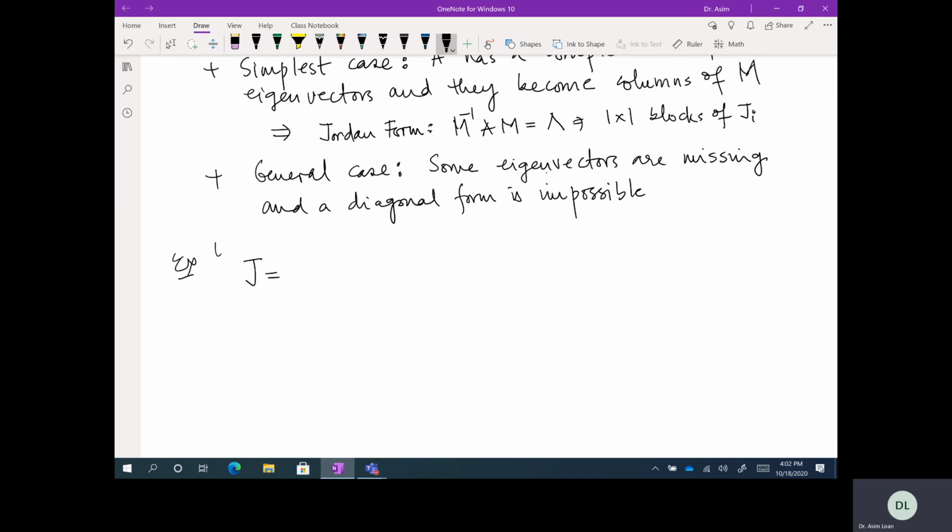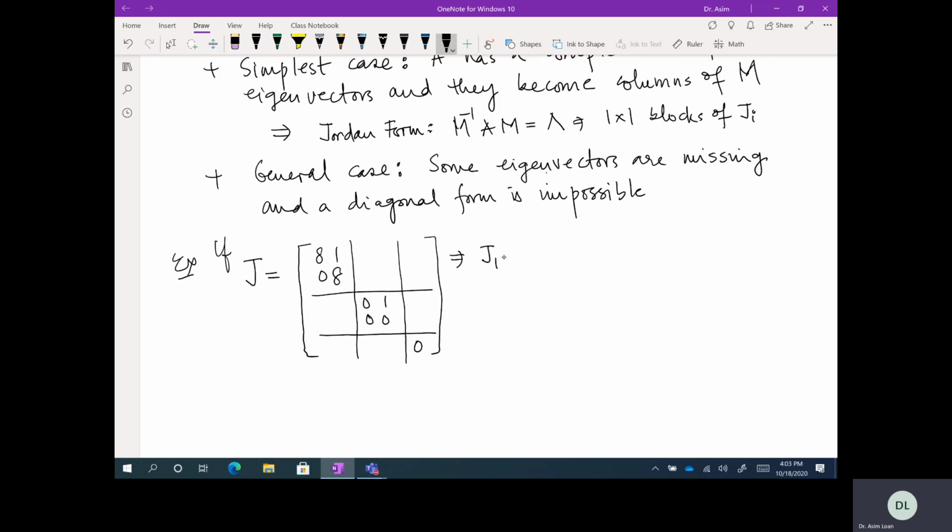So if J is of this form, 8 1 0 8, 0 1 0 0 0, this implies J1 is a 2 by 2 block.